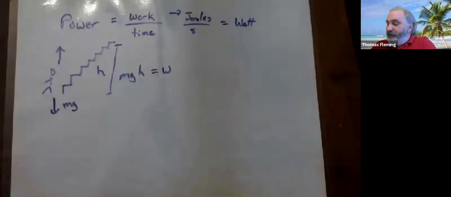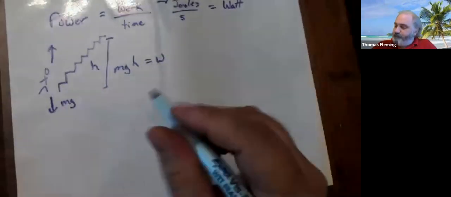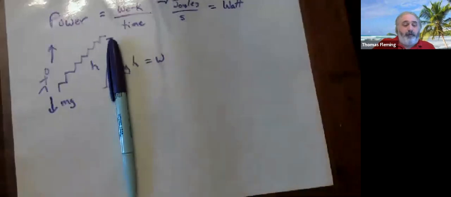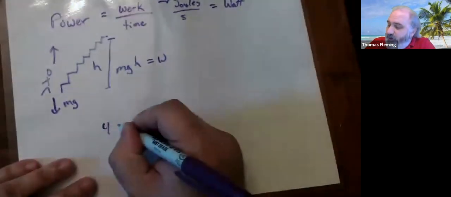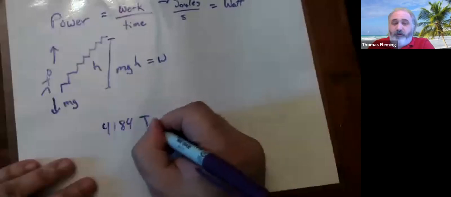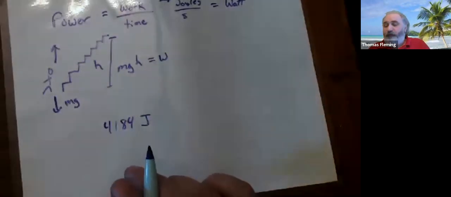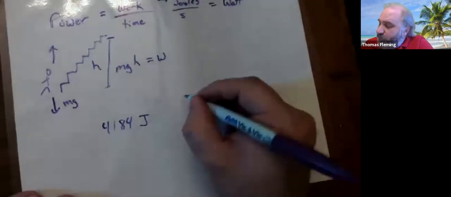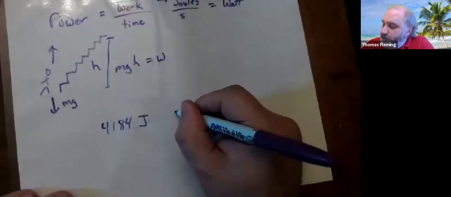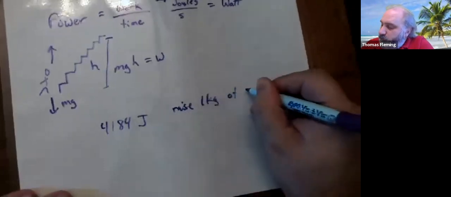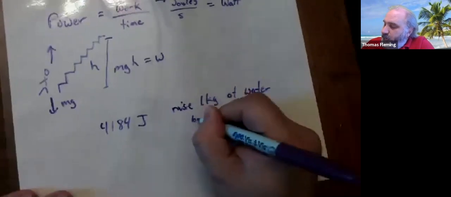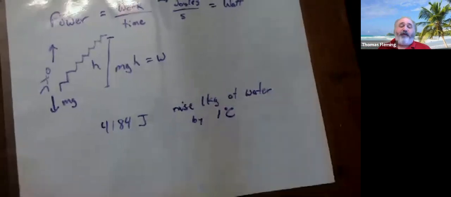And what he finds is that it takes 4,184 joules of work to raise 1 kilogram of water by 1 degree Celsius.